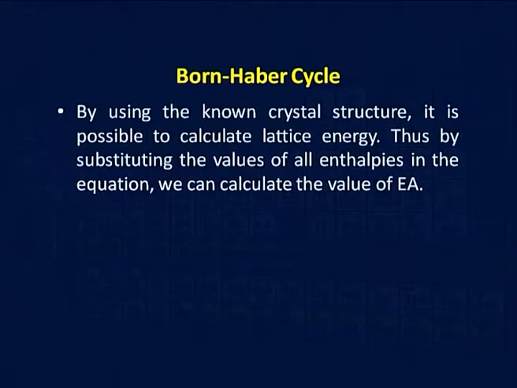All these forms of energies which are evolved or absorbed can be examined with the help of the Born-Haber cycle. Once the crystal is formed, it is possible to calculate the lattice energy, and then by substituting the values of all enthalpies in the equation, we can calculate the value of electron affinity.